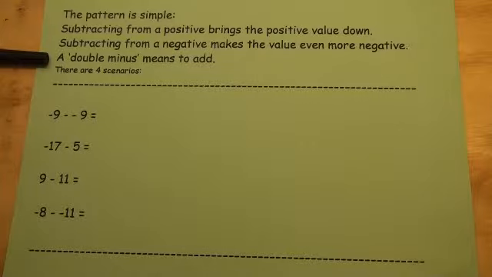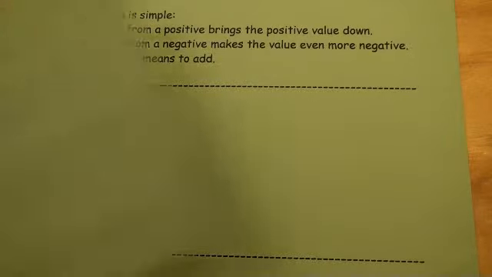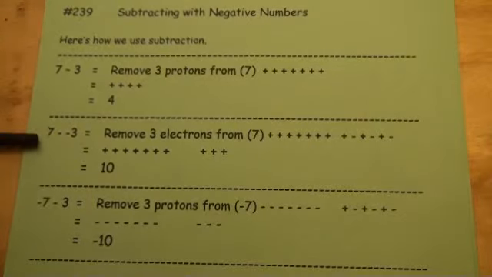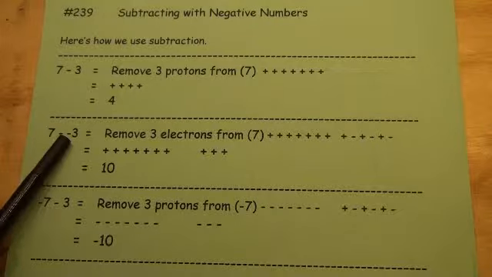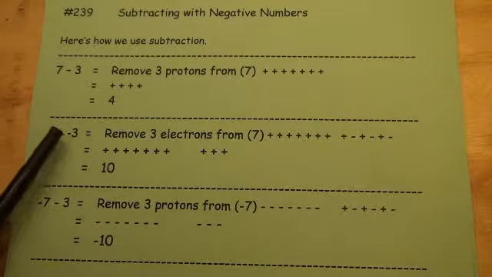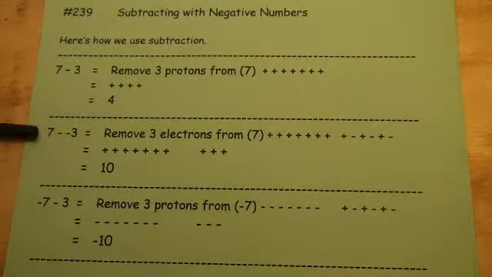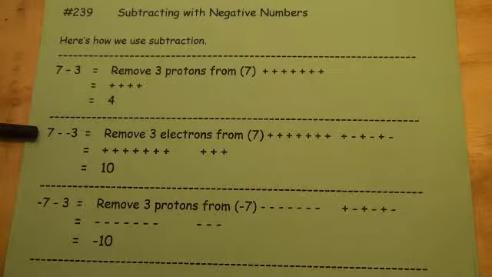And a double minus means to add. So what's happening in this second example is probably the most important part of subtracting with negatives. What we're really doing is taking away the negative charge. Take away negative. It's kind of like taking away debt, which would really increase your net worth.